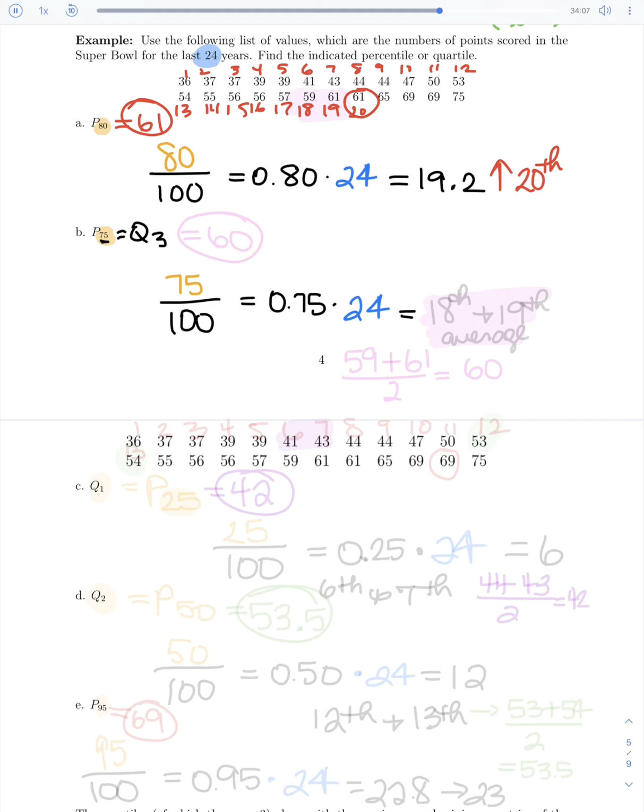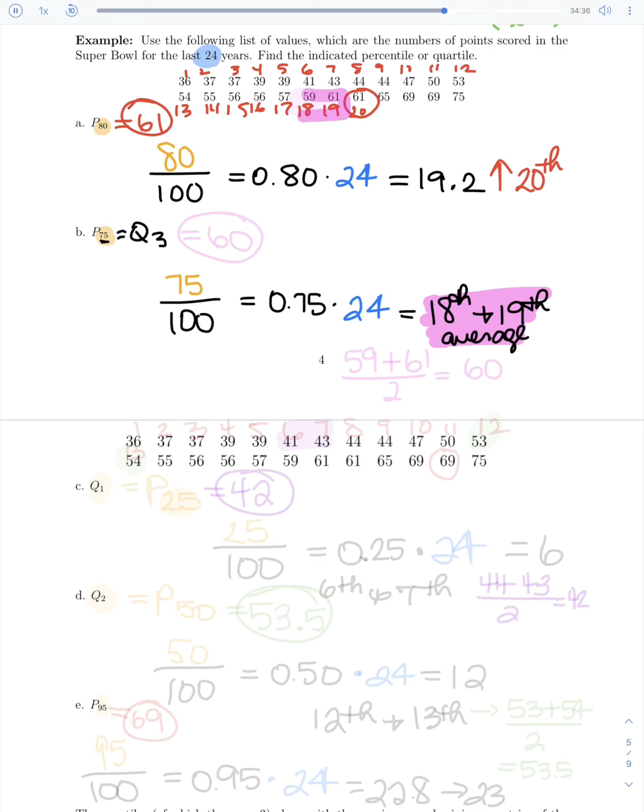So 24 times 0.75 is 18. Remember, if we get a whole number, it's not hard, it's just a little bit more complicated. We take the 18th number and the next one, the 19th number, and we'll take those two and we'll average. So let's go to our list. We should have those already figured out, which one's the 18th and 19th number, and we'll take those two and we'll average them.